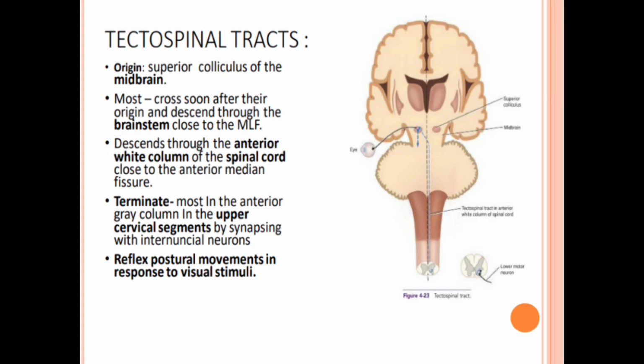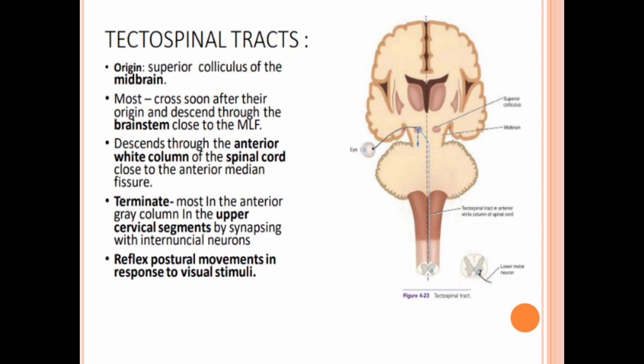Now let's talk about the tectospinal tract. The word tecto means the tectum of the midbrain, so this pathway arises from the superior colliculus of the midbrain, and then spinal shows that it terminates in the spinal cord. Now let's talk about its root. As you can see in the figure, it arises from the superior colliculus, and the superior colliculus is related to the visual reflex.